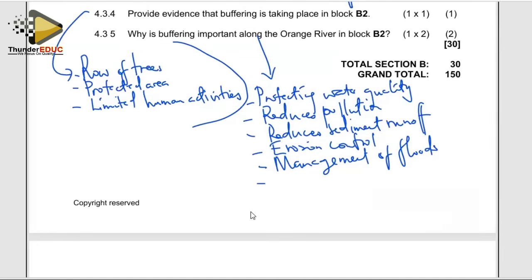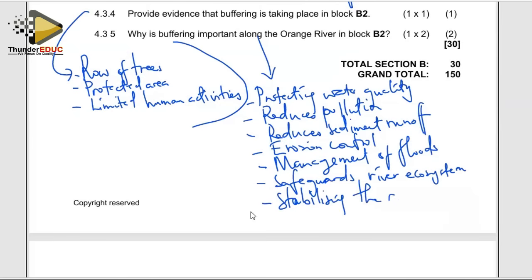And also we can look at safeguarding the river ecosystem. And also we can look at other things like stabilizing the river banks. Right.